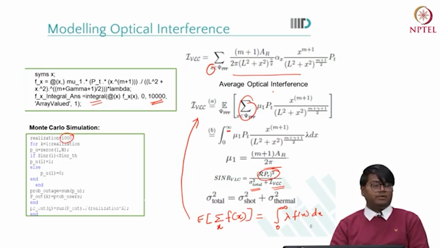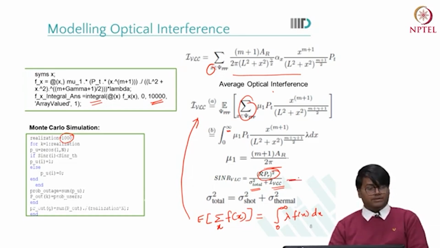the statistics of the interference. Now, given our simulation settings, we further calculate the signal to interference plus noise ratio as per this relation, and we count the number of times the SINR is not larger than the SINR threshold.